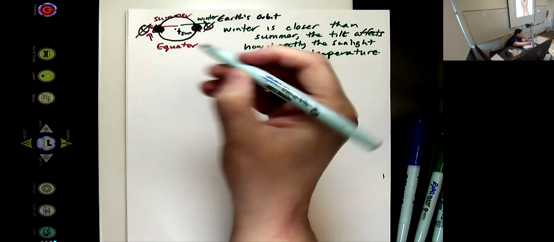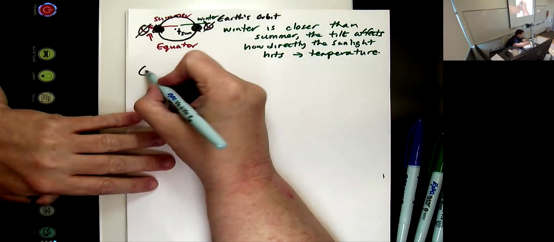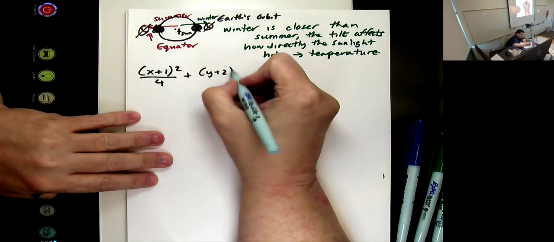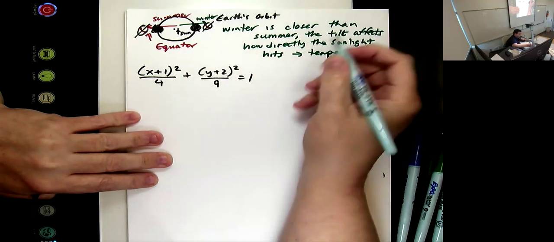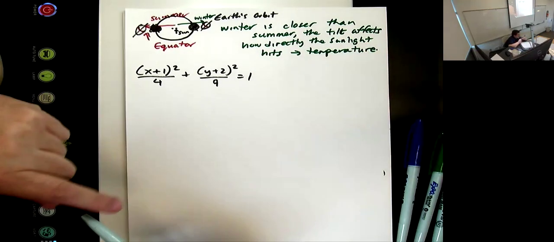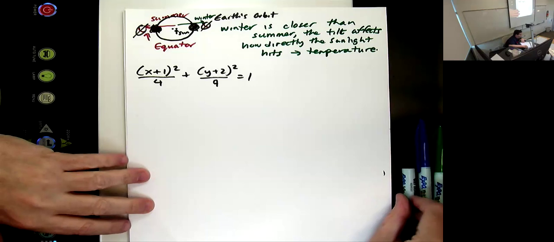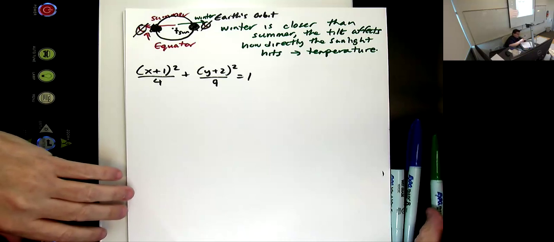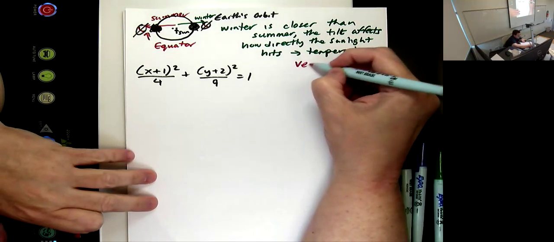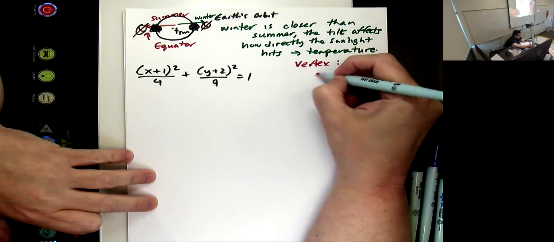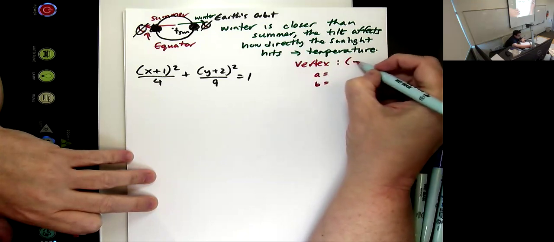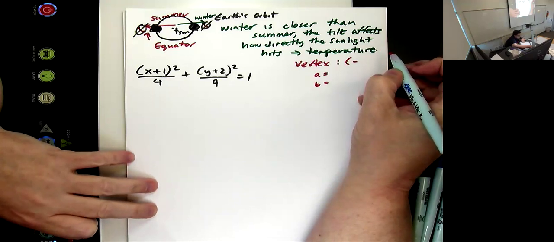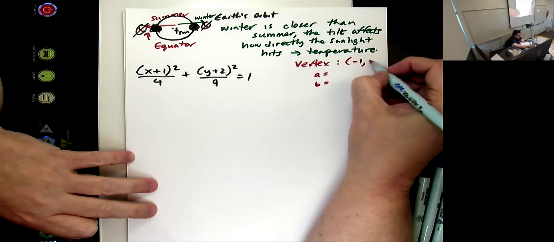So let's look at an example and work from there. Thankfully for these, you don't have to rewrite them in another form. So what's my vertex? What's a and what's b? Negative 2, negative 1? No, negative 1, negative 2. We say the x value first.